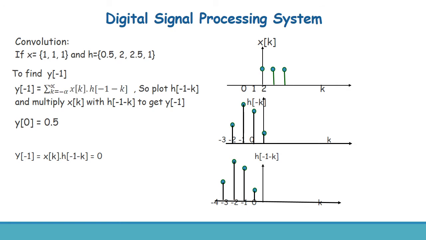What happens here is you have to time shift by minus 1. After time reversal, a negative shift will mean that the plot shifts towards the left. Now you don't have any overlapping values, so if you multiply, you will end up getting 0. So that's what I have got here.